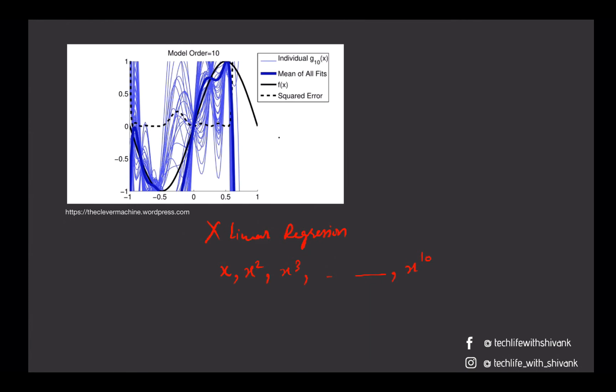So here we can see that the dark blue line, which is basically mu, the average predicted output, is quite close to the actual output.